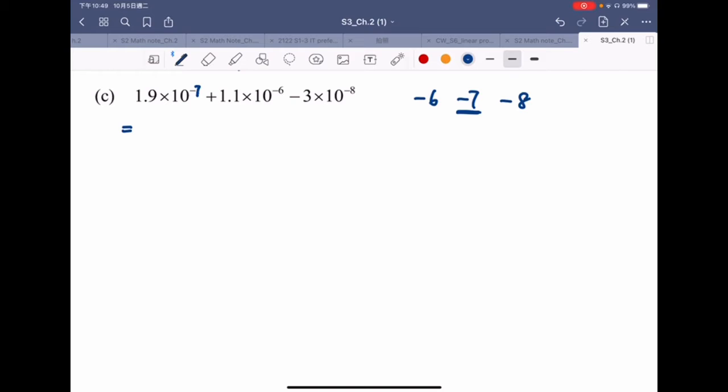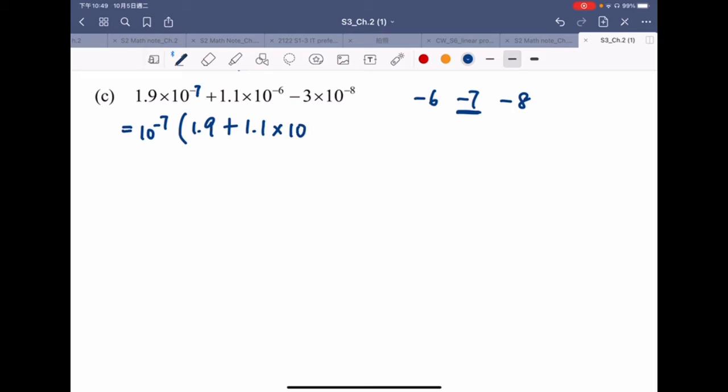Can we take out -7? Let's see. Let's try taking out 10 to the power of -7. First one left, 1.9. Second one, 1.1.